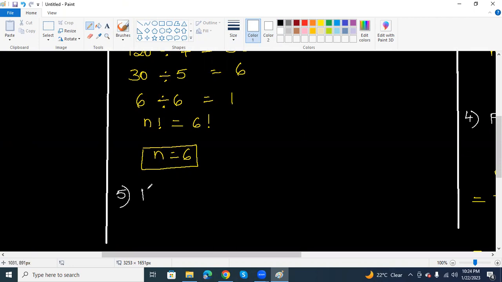Find the value of 9 factorial minus 6 factorial divided by 4 factorial. How can we solve this sum? Let's see.